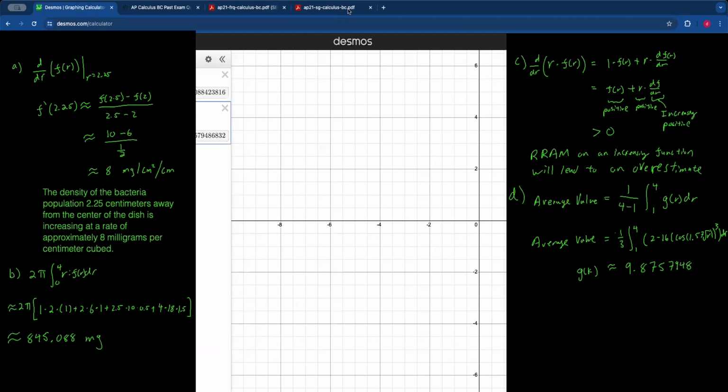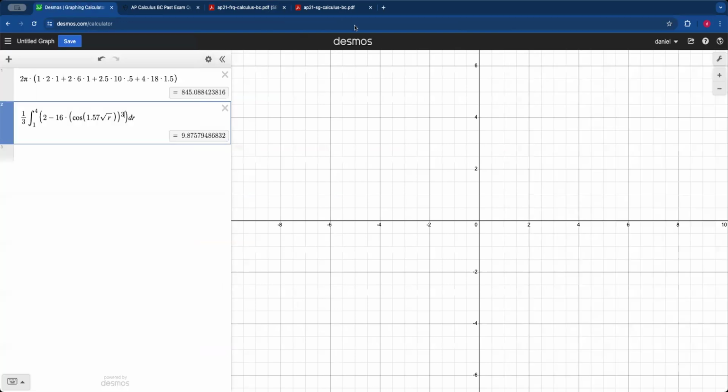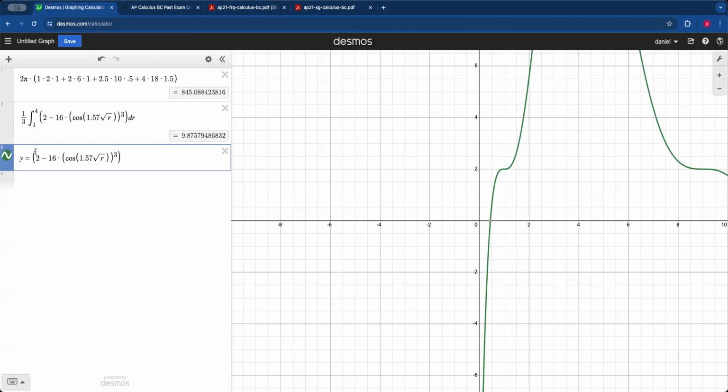I think I'm going to just clear it, make my life easier. So we'll highlight this part. This is my function. We'll say y equals, I really don't like r, so we're going to change to x, like this.